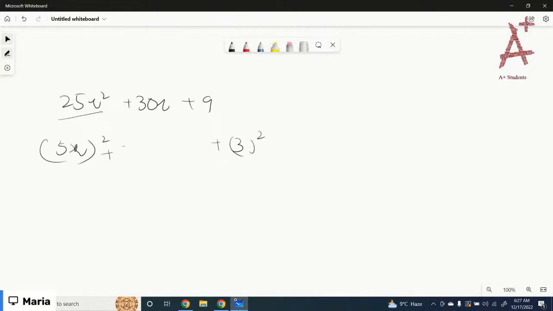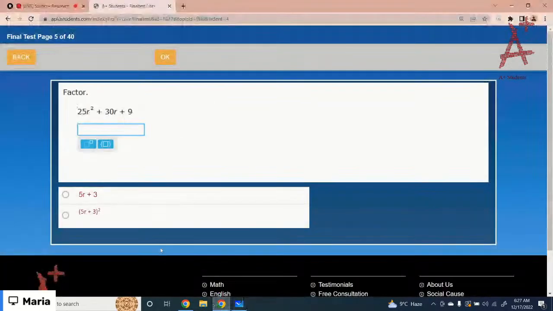So it would be 2 times 5r and 3. So that means this is the whole square of 5r plus 3. So it would be 5r plus 3 whole square.